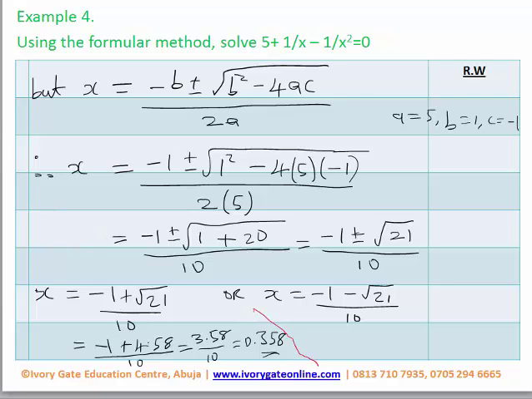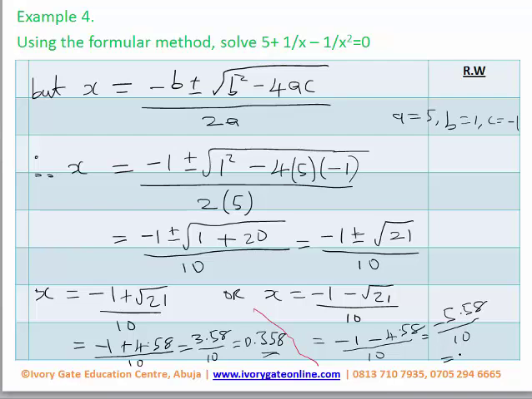to distinguish our workspace. Then this is minus 1 minus the square root of 21 is still the same thing, 4.58 all over 10. This gives us minus 1 minus 4.58 is minus 5.58. We add, but we remember to put minus before our answer, all over 10.